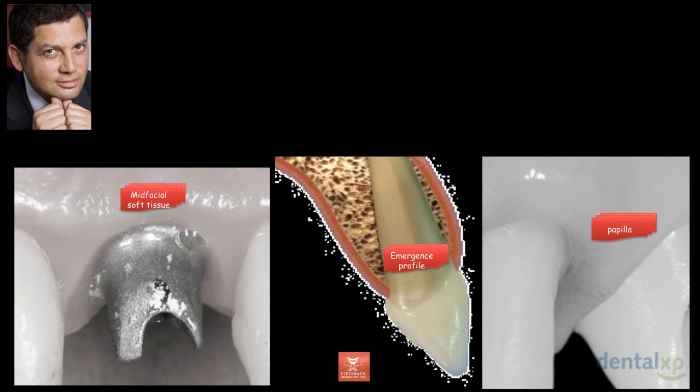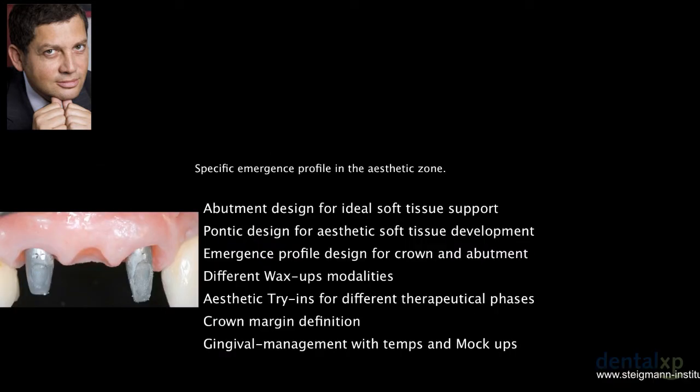We have to address the midfacial soft tissue and its biological changes over time, but also the color, chroma of the soft tissue, and the interproximal papilla, which will give a good emergence profile.